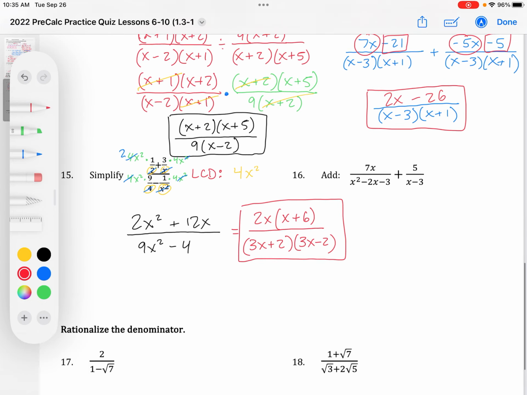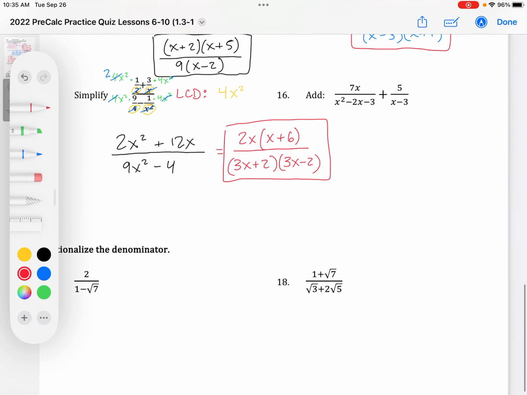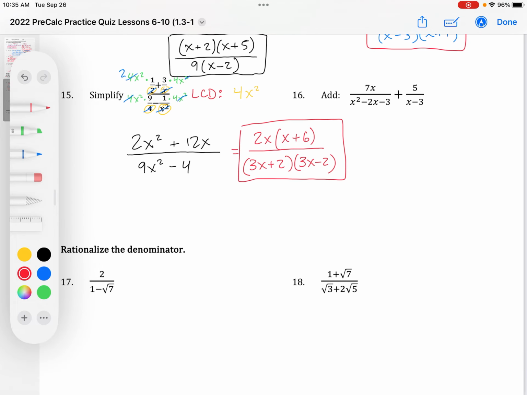All right, the reason you want to factor is because maybe one of the factors will cancel, but not in this case. All right, number 16, first step is to factor. So in the bottom, we have x minus 3 times x plus 1, and then plus 5 over x minus 3. So the second piece is actually just missing the x plus 1. So we're going to multiply top and bottom by that.